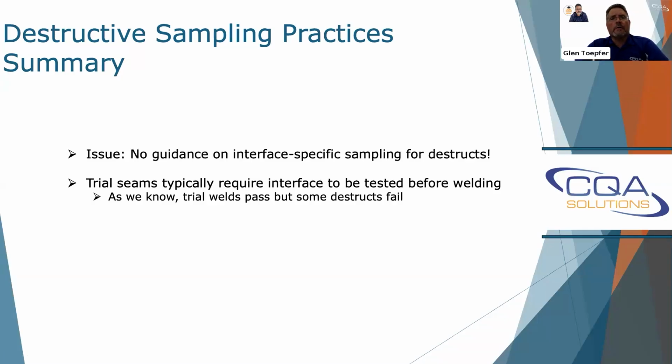That's pretty standard in most of the CQA plans. Occasionally it's not there, but it's pretty common, yet nobody tests the destructs and targets the destructs in that same manner. I think part of it has to do with the belief that it's such a small percentage of the welding. But, as the data we showed there, a small percentage can have big implications.